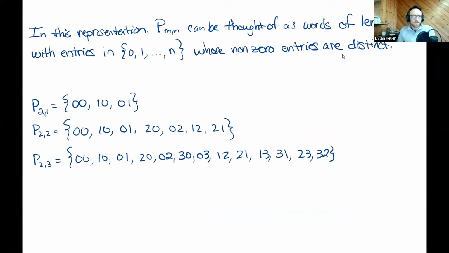In this one-line representation, you can think of these permutations as words of length m with entries in 0 up to n, and the non-zero entries have to be distinct since we're only allowing at most one in every row or column. I wrote some of the really small, easy examples here, and we'll see those come up again in a little bit.